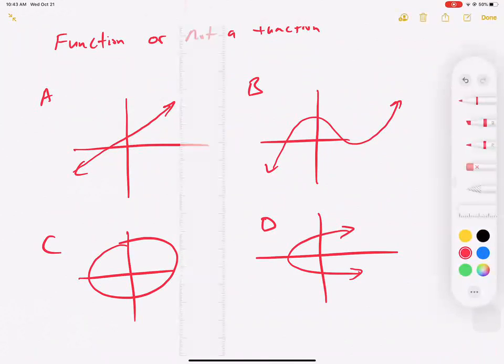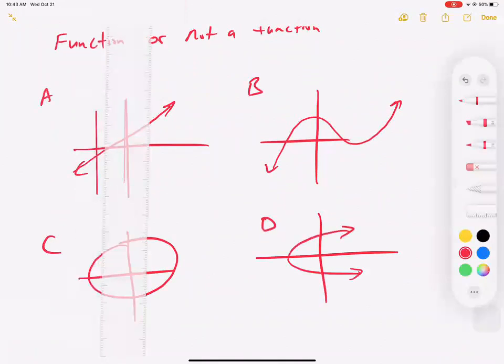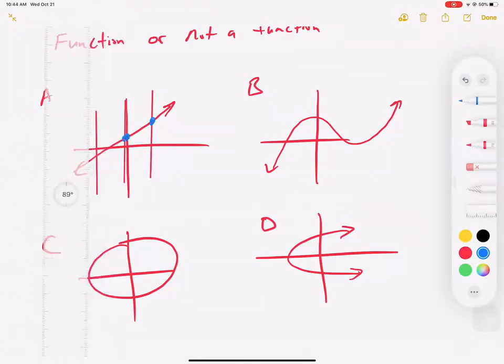And what happens is, if we just pass our vertical line test, so please everyone look at graph A. For every x that you see, there's only one y value. Only one y value. So this is what we call a function.